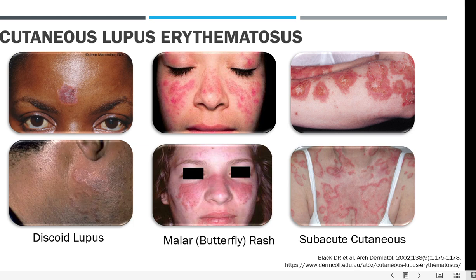On this first column, we have discoid lupus, or sometimes it's referred to as chronic cutaneous lupus erythematosus, or CCLE. It's the most common of the CCLE presentations. Our malar, or butterfly rash, is presenting as our acute cutaneous lupus, or ACLE. And so that's our middle column, where you have the redness going across the face, looking like a butterfly.